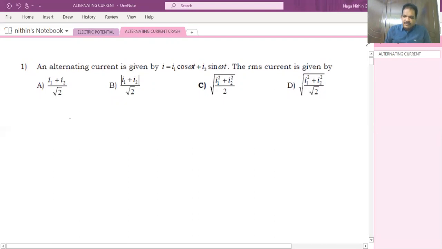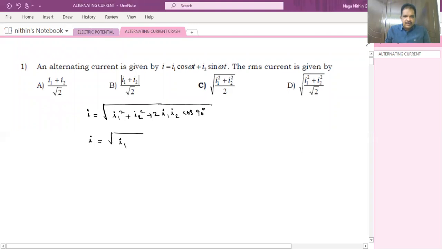So the I value will be equal to square root of I1 square plus I2 square plus 2 I1 I2 cos 90 degrees. The phase difference between them is 90 degrees, so the I value will be equal to square root of I1 square plus I2 square.